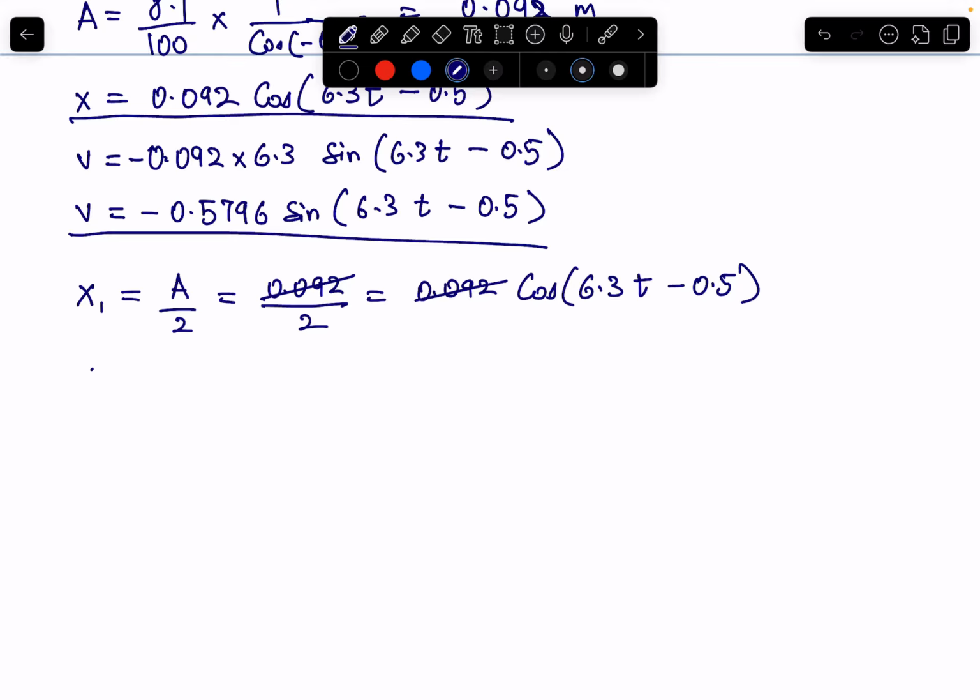So what I get is cosine inverse of half is equal to 6.3 t minus 0.5. Cosine inverse of half is 1.047.